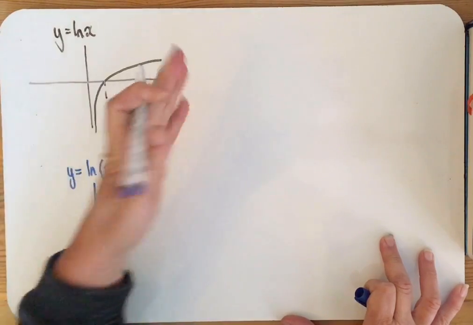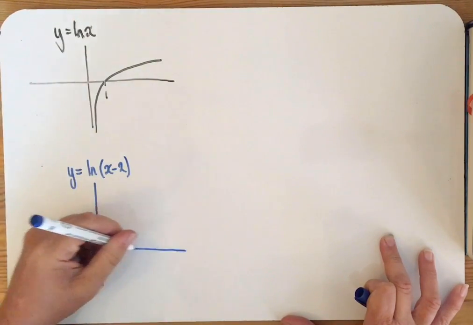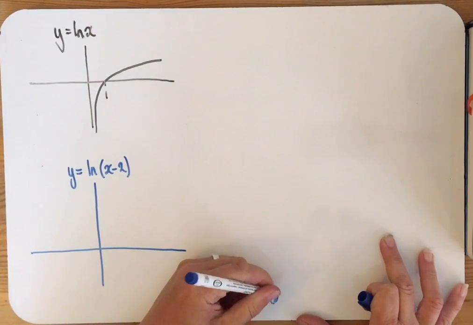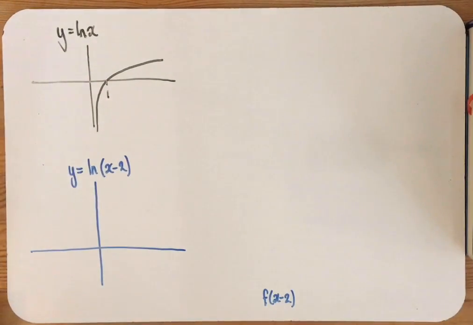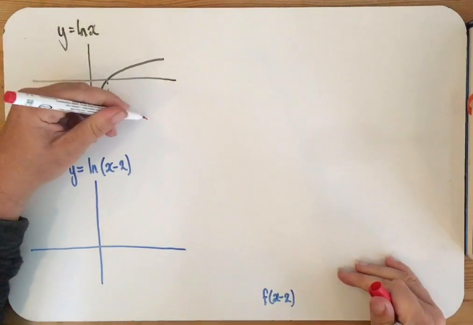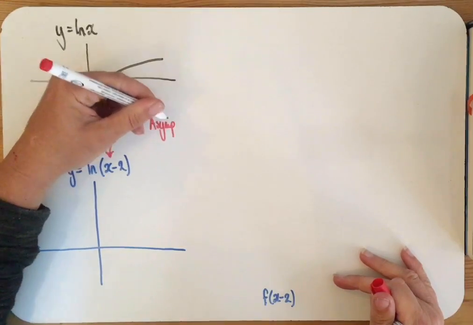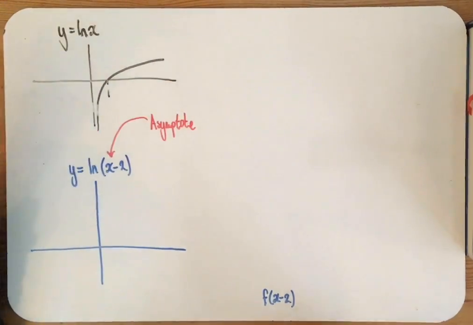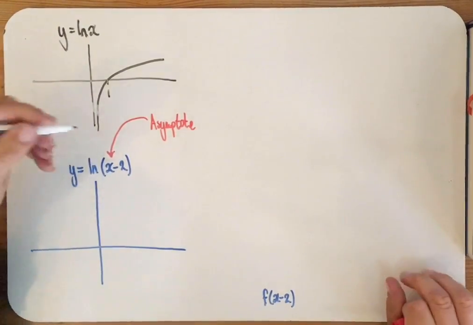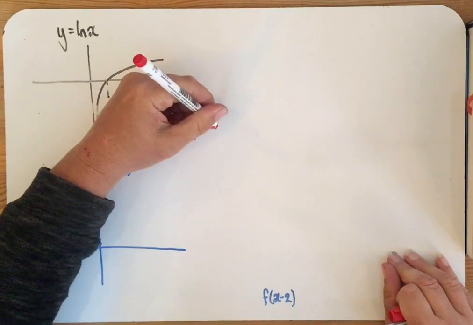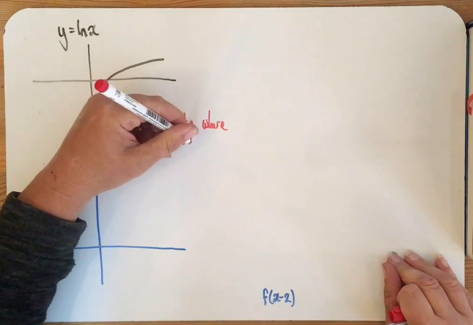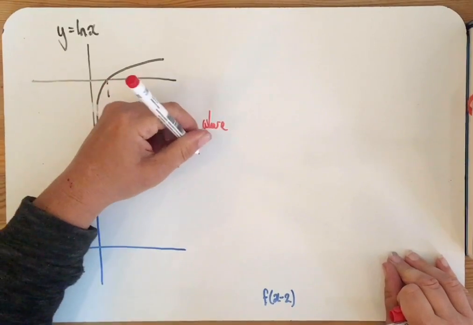This will move ln x to the right by 2 because you're basically doing f of x minus 2. If you're not happy with that, the asymptote is where this bit in the bracket equals 0, because that's the first place where ln is undefined. You can't ln 0 or negative. So the first place it's undefined is where x minus 2 equals 0, and so x equals 2.